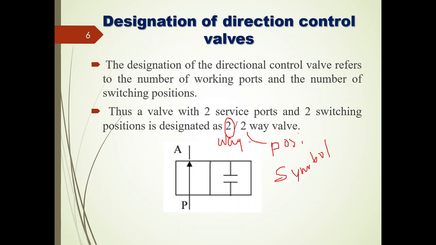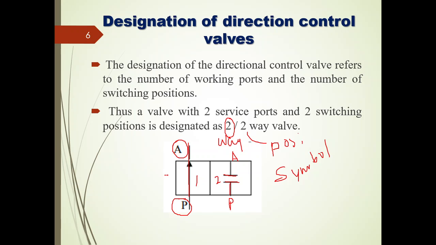In each position we have two ports, the pump port P and system port A, in the first position. Similarly, in the second position also we have two ports, pump port P and system port A. But in the first position the pump flow is connected to the system port, whereas in the second position the pump port as well as the system port is completely blocked.